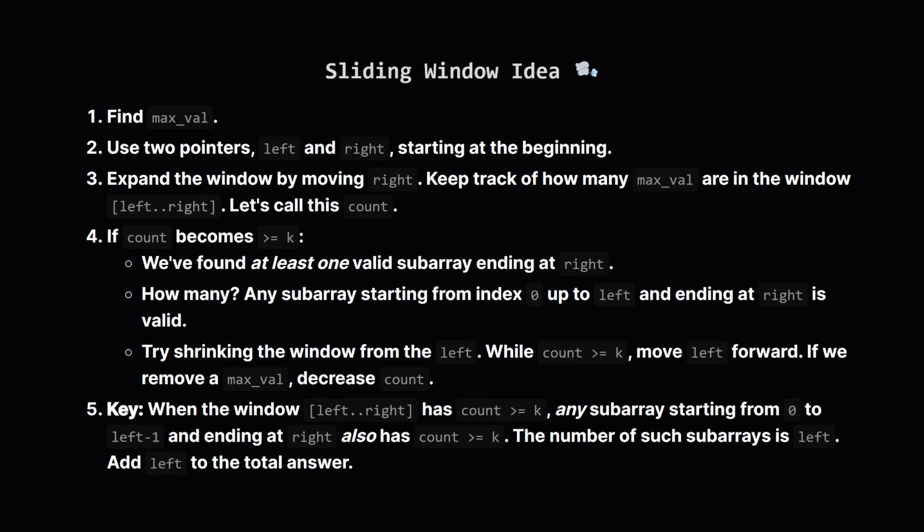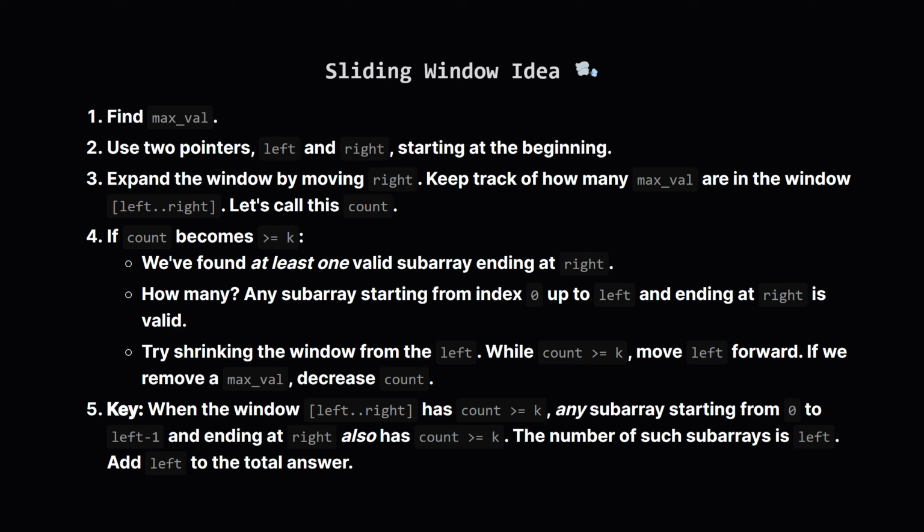Let's explore this sliding window idea. Imagine we have 2 pointers, left and right, both starting at the very beginning of the list. We'll also need the overall maximum value max_val. We move the right pointer one step at a time, expanding our window. We keep a count of how many times max_val has appeared within the current window defined by left and right.